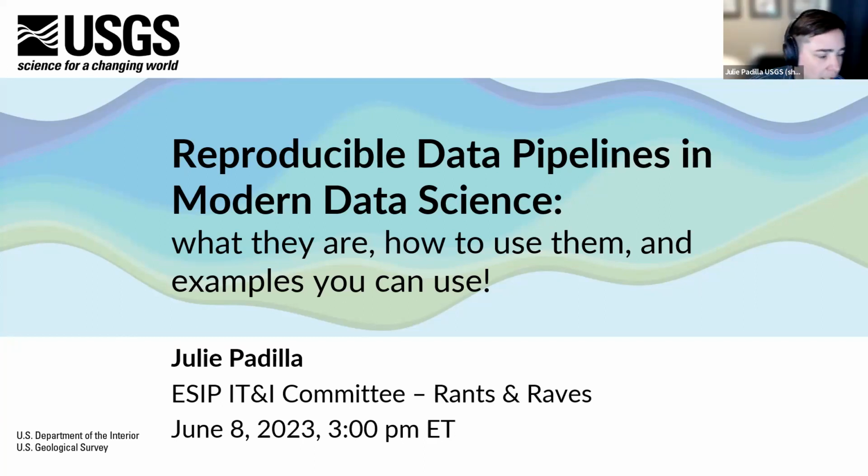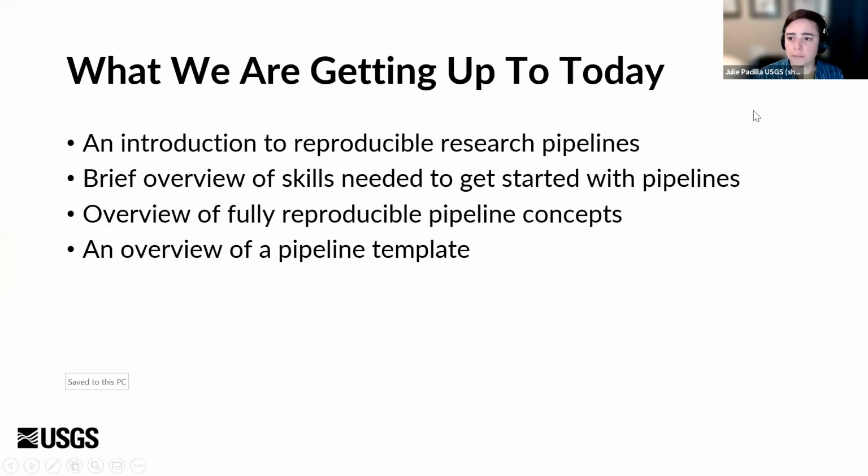Welcome to this month's meeting, and spoiler, this is mostly a rave. What we're going to get up to today is I'd like to cover 4 topics. We're going to take an introduction to reproducible research pipelines, what they are, and I'm going to have a brief overview of the skills needed to get started with pipelines. Based on a little background research, I've made a lot of assumptions about the skill level of folks on this meeting, and that assumption might not be right.